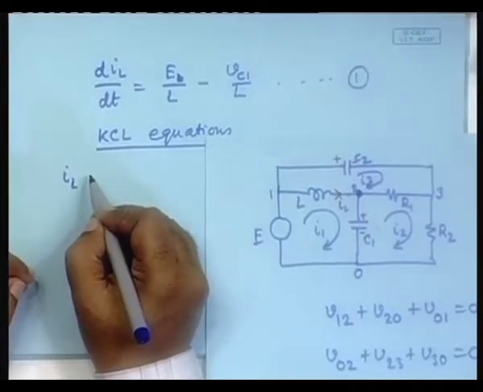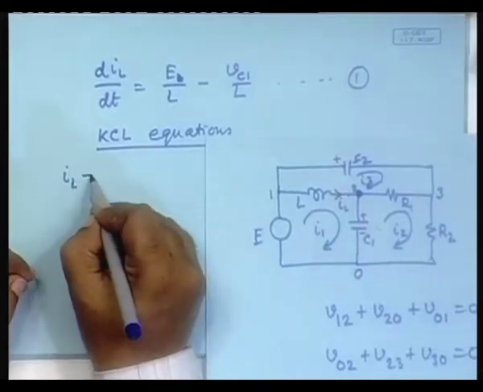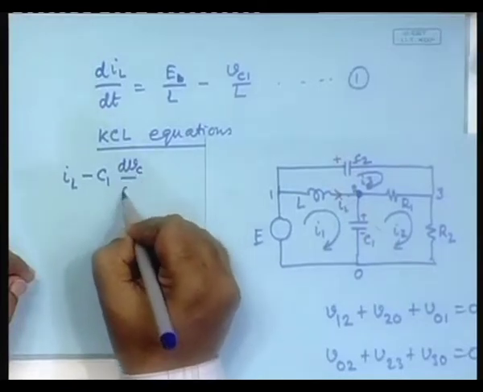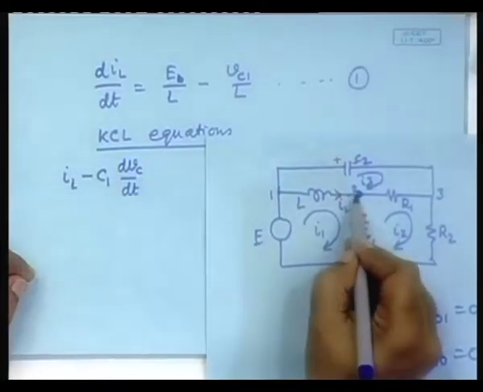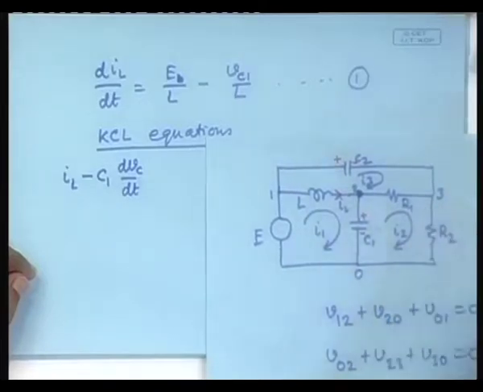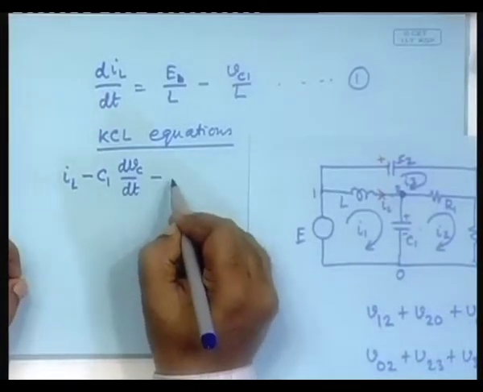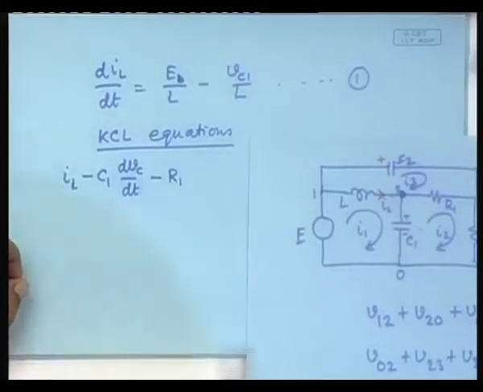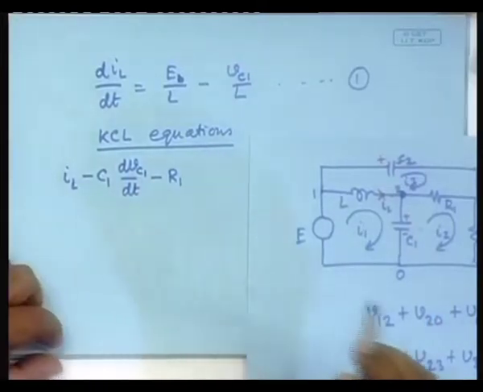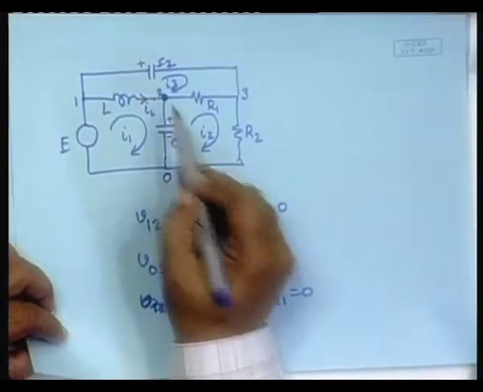So, that is minus C1 dVc1/dt, and this is again minus the current through R1.